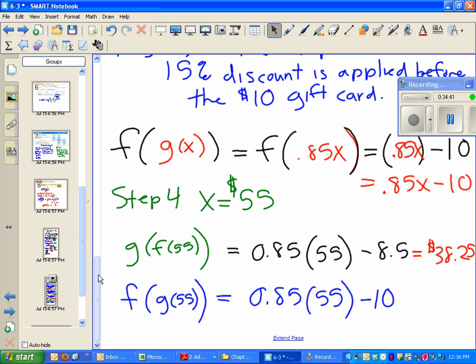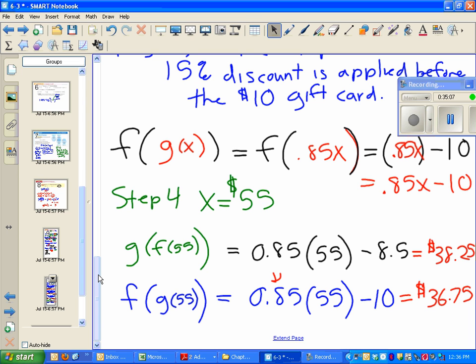When you put that all in your calculator, you are now paying $36.75. So you're saving money when they apply the percent off first before they take your gift card. Which is not a big deal if you're painting a teeny tiny room, but if you're painting a whole house, you definitely want them to give you the discount first.